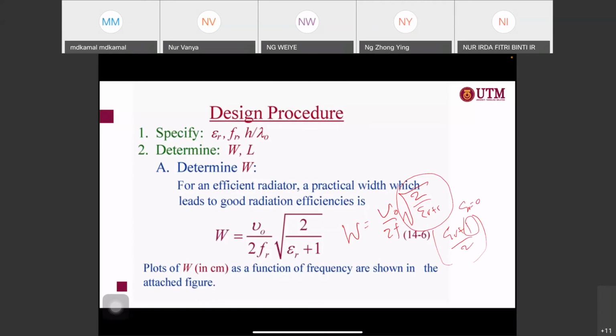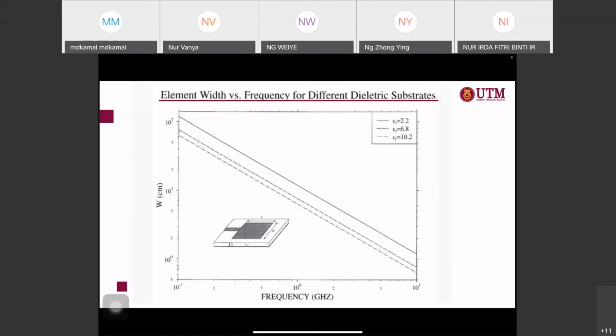So just divide by 2. This is the plot of W as a function of frequency as shown in the attached figure. This is the example of W versus the frequency here.